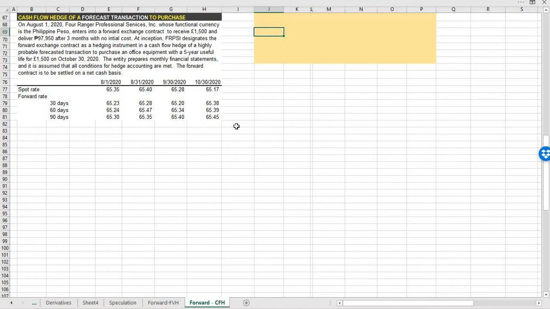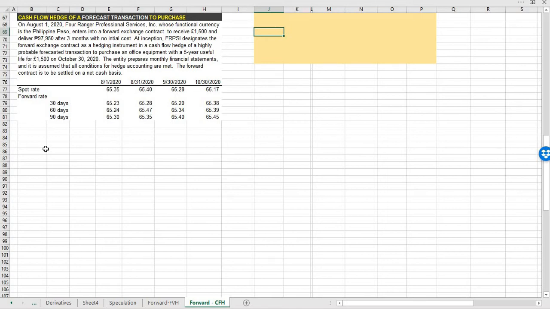Iba ang ating accounting treatment for a forecasted transaction. So, for our hedge item, the forecasted transaction, during the term of the forward contract, wala tayong corresponding journal entry for the hedge item. Pero for the hedging instrument, meron tayong journal entries.